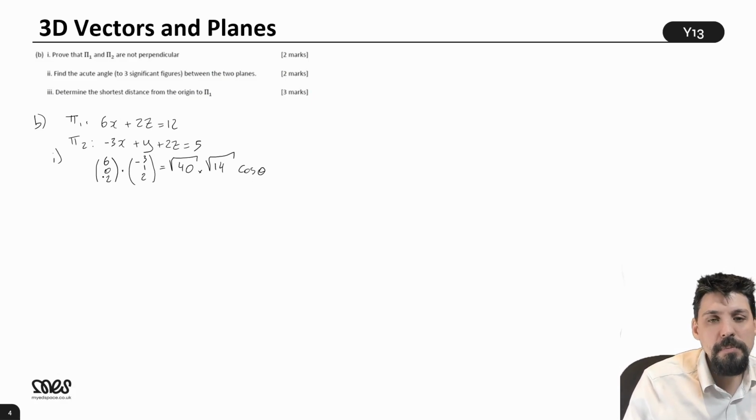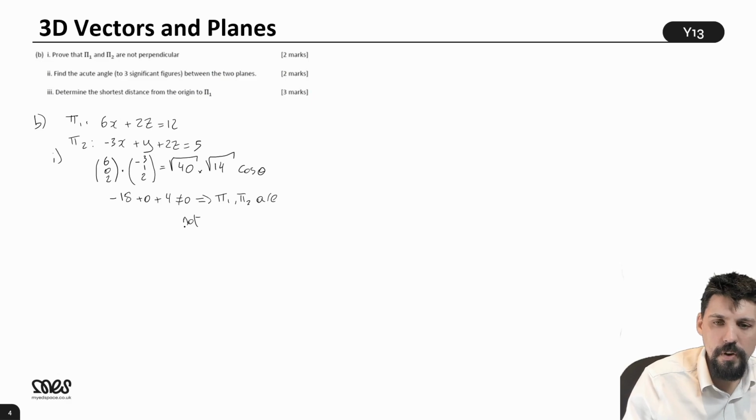So basically, for them to be perpendicular, their dot product has to be 0. And of course, we can very easily see here that minus 18 plus 0 plus 4 is not 0. Therefore, pi 1 and pi 2 are not perpendicular.